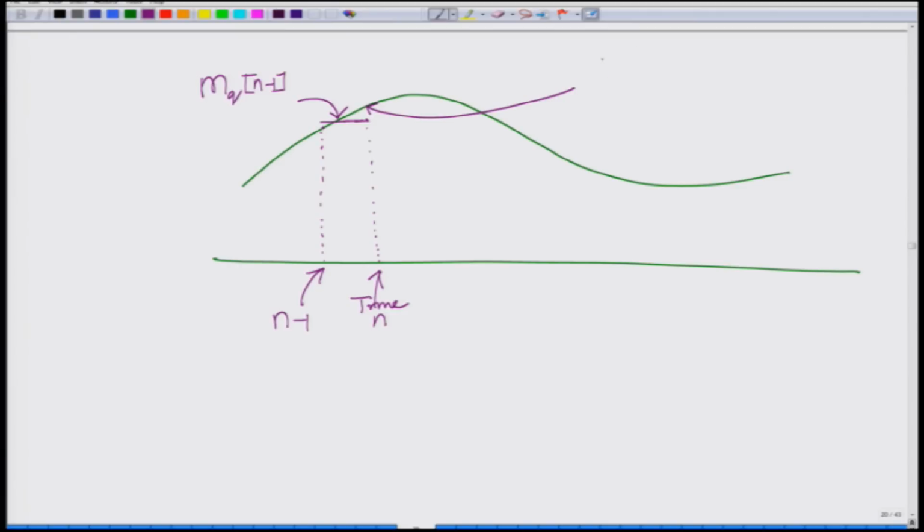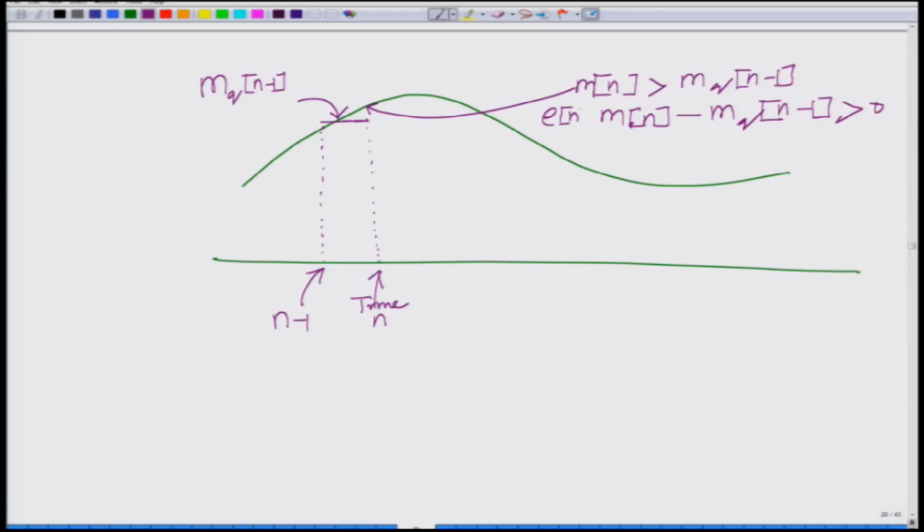Now, if you can see, Mn is greater than MQ n minus 1, which means the error Mn minus MQ n minus 1 is greater than 0.